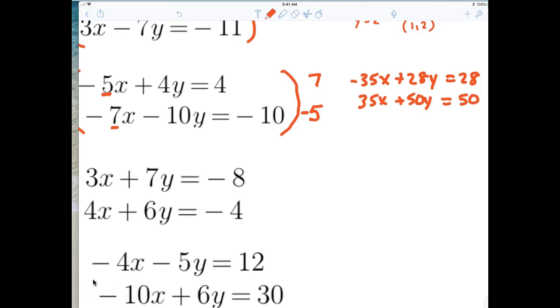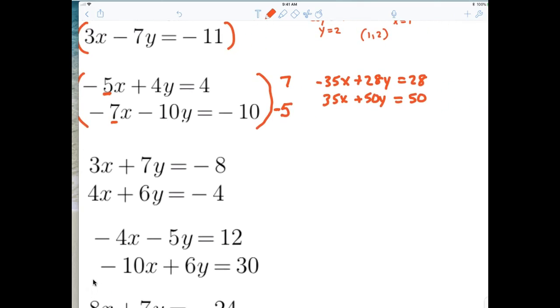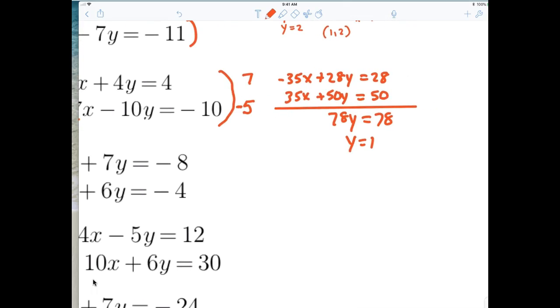Now, again, the most common mistake is that you forget to multiply the constants. Does everybody understand what I'm saying? All right. So now we add this together, we get... Good. So y equals 1. Now what?